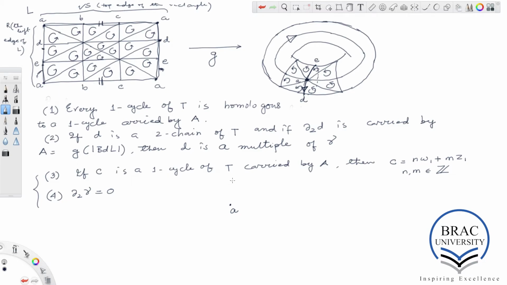So this is one circle, ABC, which we can draw as the boundary of this two simplex ABC, and the other one being AED or ADE, right? This one.